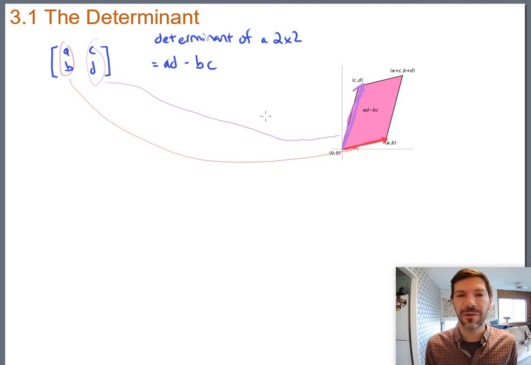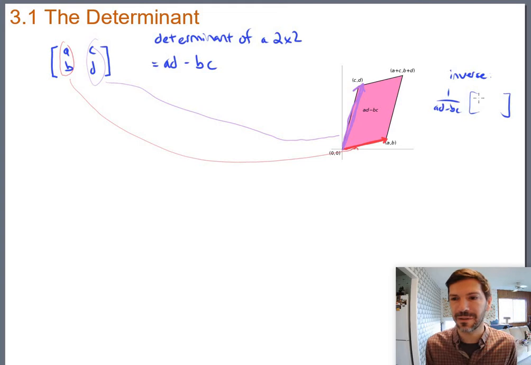I am just going to remind you that when we had the little formula for the inverse of a 2 by 2, part of the formula was 1 over AD minus BC, and then you had to swap the main diagonal and change the signs on the off diagonal. But really, I just want to point out that we've seen this AD minus BC before.